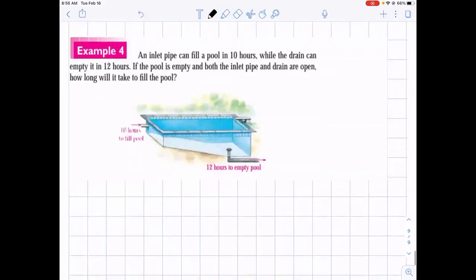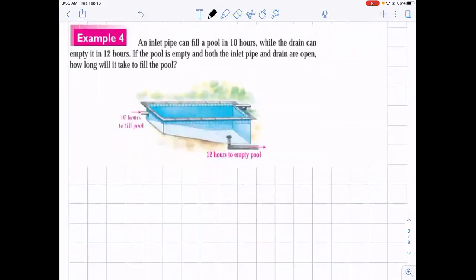So if we look at this example here, an inlet pipe fills a pool in 10 hours, while the drain pipe, so here's our inlet pipe, that's the one that fills, and the drain pipe empties in 12 hours. So here is the drain pipe.